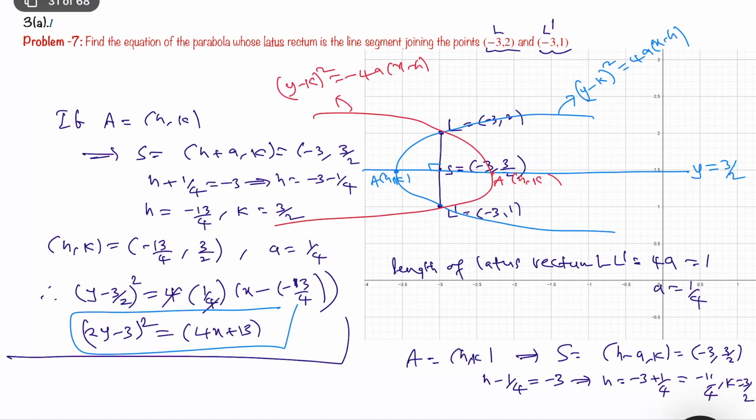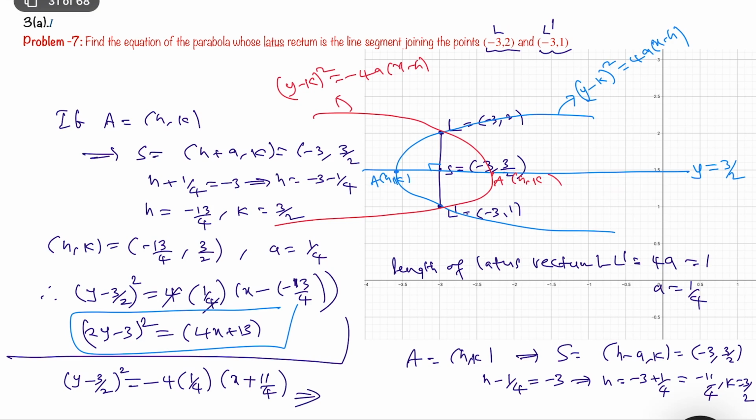So now I can write down the equation of the parabola: y minus 3 by 2 whole square equal to minus 4 times 1 by 4 times x minus of minus 11 by 4. It's going to be x plus 11 by 4.